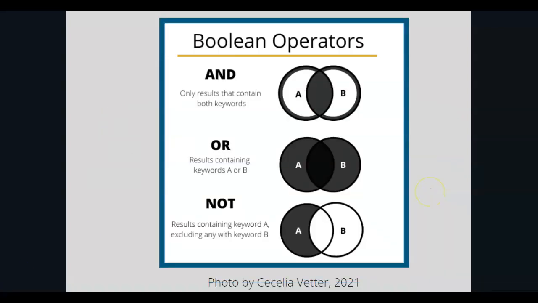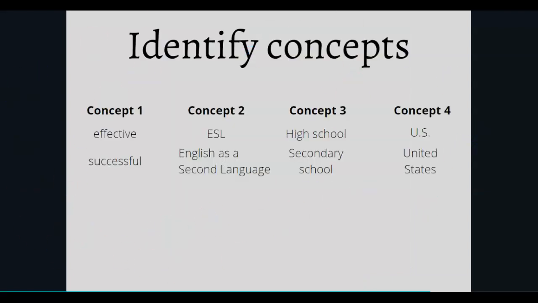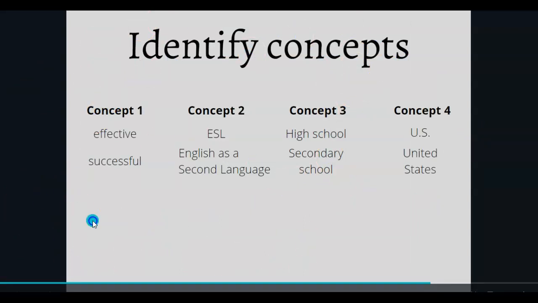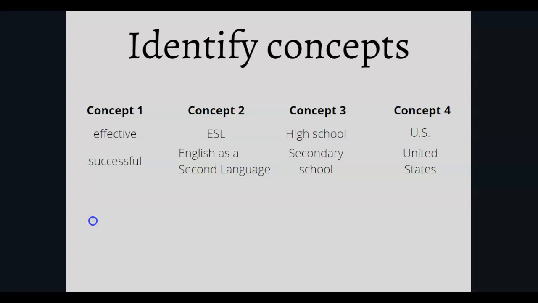Now what not does is it's going to exclude a concept for our results. So let's say I put these concepts into my database search, and I'm getting a lot of social work articles. Now, to make sure that I don't get these social work articles, something I could try is including ESL not social work or high school not social work.